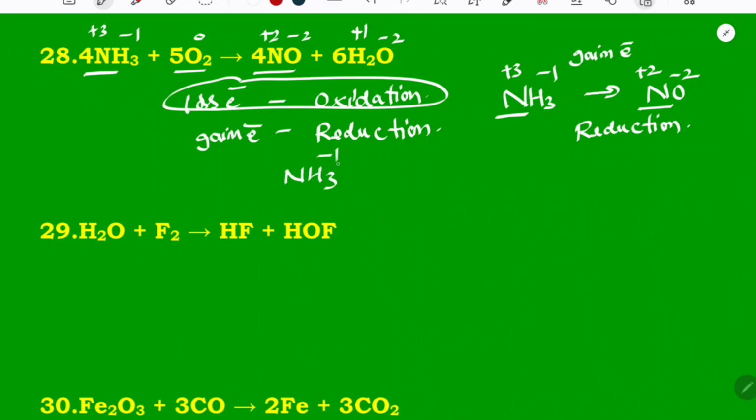Then you can see in ammonia, NH3 has -1. Then H2O. Here also H2O, no? H2. So here -2, here +1. So -1 to +1 means what happens?